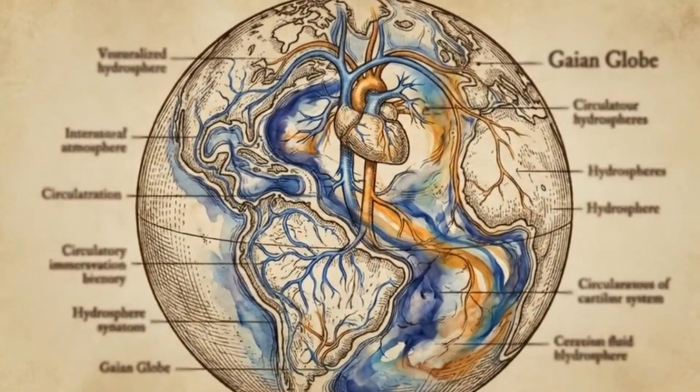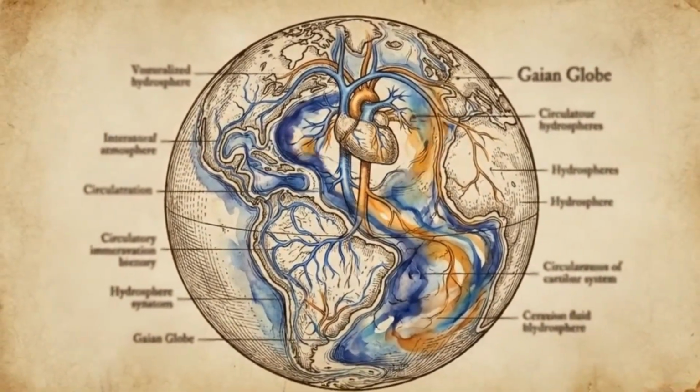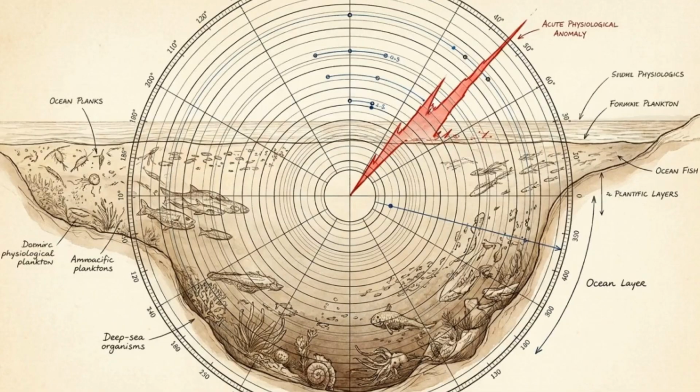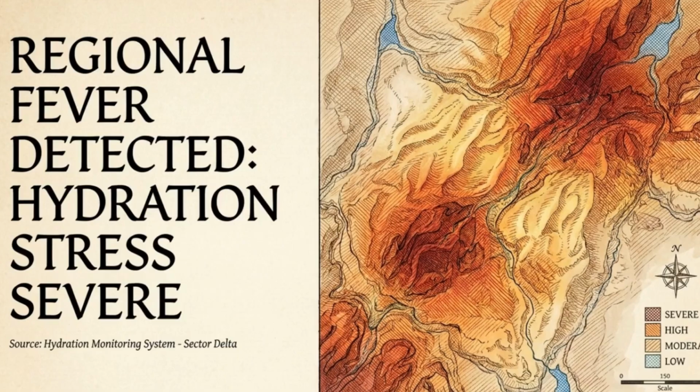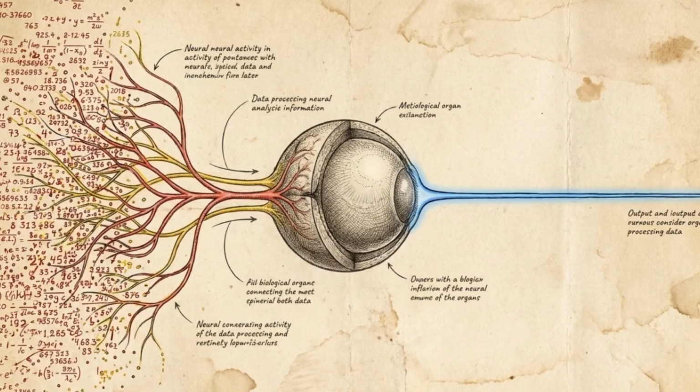The Gaian Sense Engine performs homeostatic synthesis. Homeostatic synthesis contextually evaluates an anomaly against baseline planetary rhythms. It evaluates a spike in heat and outputs a true physiological state description for that specific region. The Gaian Sense Engine mathematically translates chaotic environmental noise into a unified perception of planetary stability.